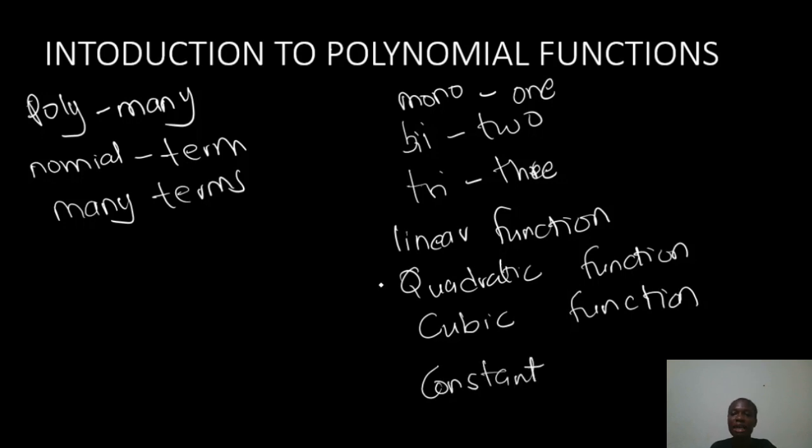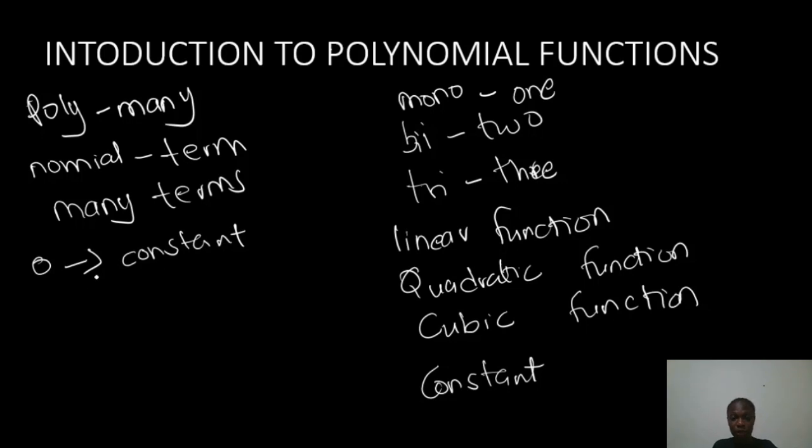So as I said earlier, these are grouped according to the highest degree of the independent term in the function. If the highest degree of the independent term is 0, then that function is called a constant function.